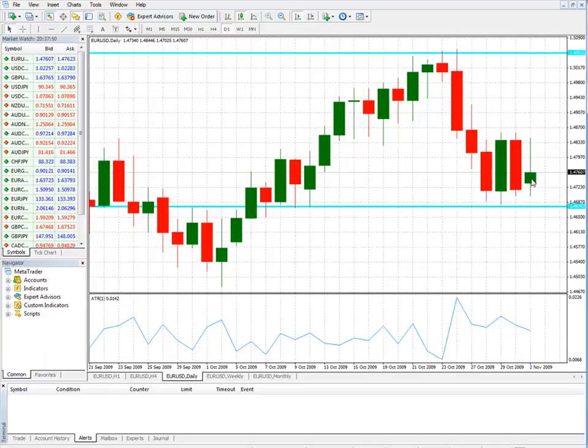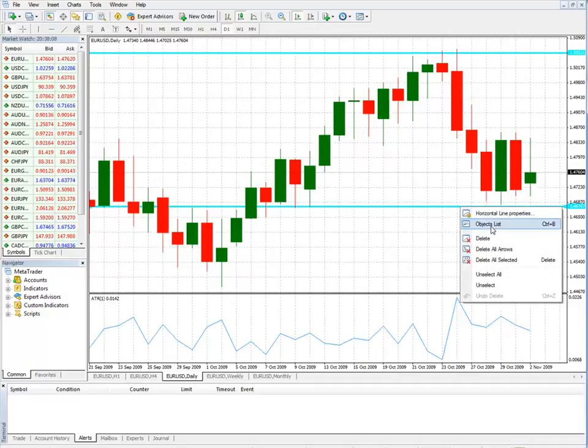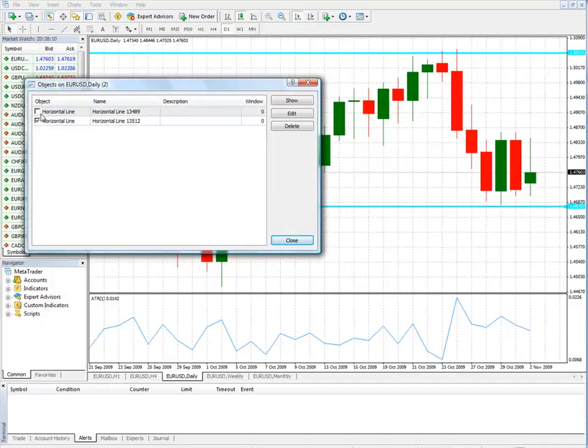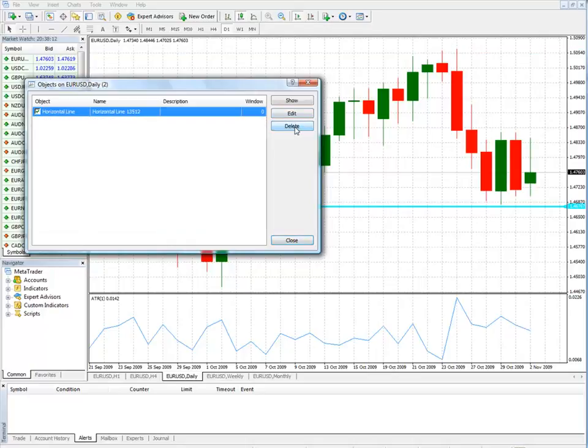Then you choose how many days, or if it's weekly, a weekly chart, you choose how many weeks you want to use for a breakout. Now in this case, that was a 10-day. Let's take the objects list real quick. Got to remove both of those.